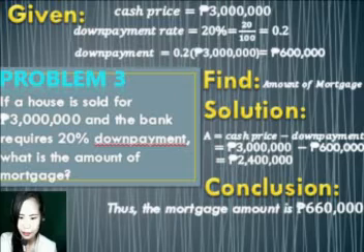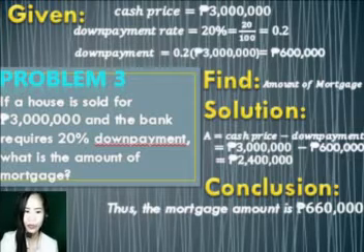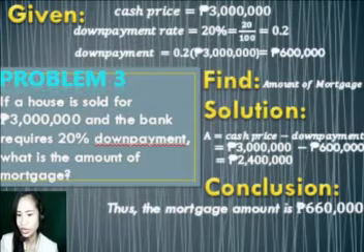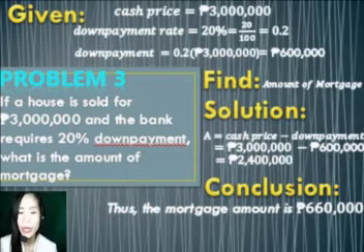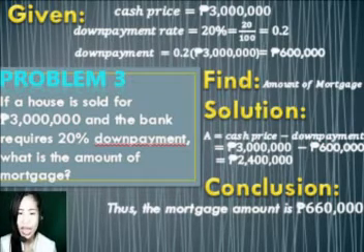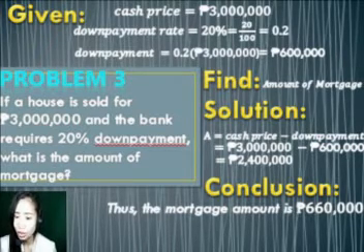Let's have another problem to solve. If a house is sold for 3 million pesos and the bank requires 20% down payment, what is the amount of mortgage? So here in this problem, we are given the cash price of the house, which is 3 million pesos. The down payment rate is 20%.